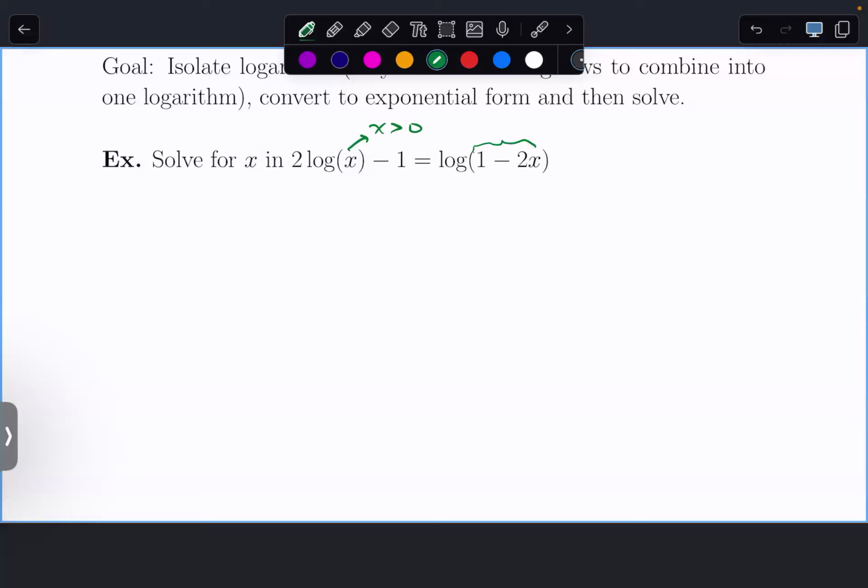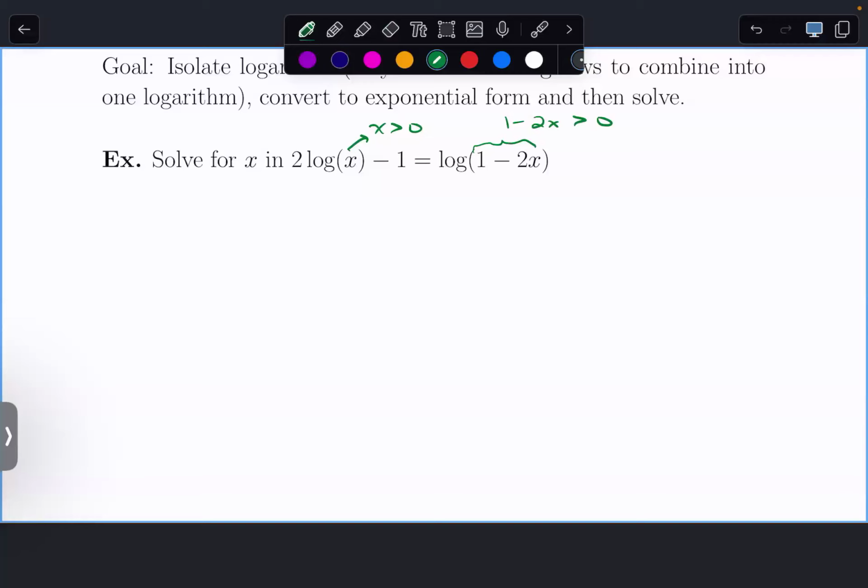That means that 1 minus 2x has to be greater than 0. If I treat this inequality as an equal sign, I'm just keeping an eye out for it: if you multiply or divide by a negative, then it switches the sign, right?